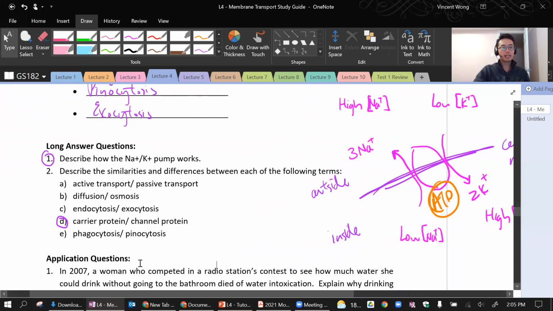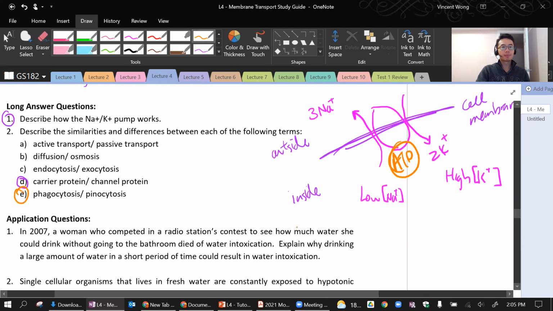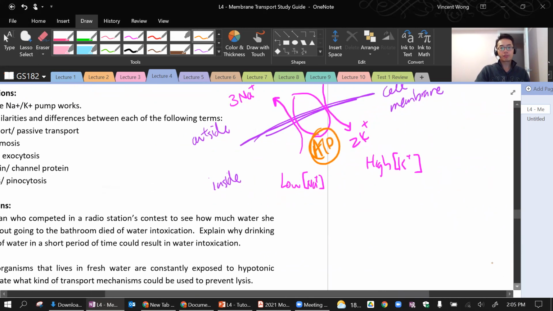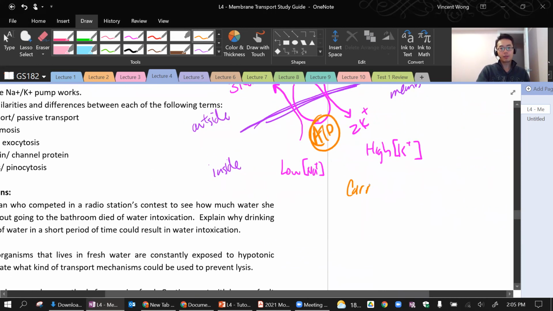We have D and E for the other requests. So D is carrier proteins and channel proteins. The question asks you to describe similarities and differences, so let's do similarity first.